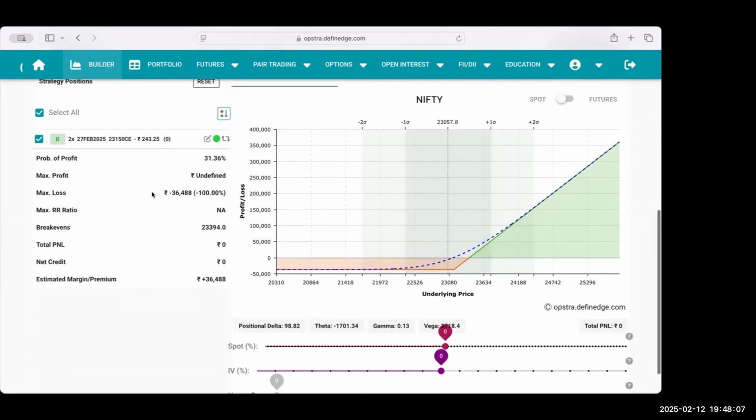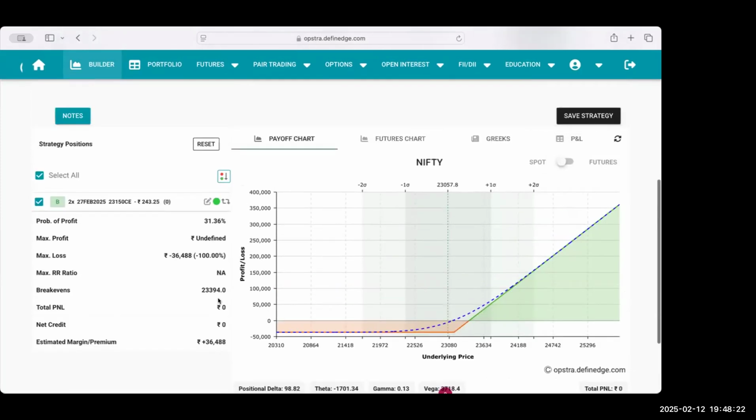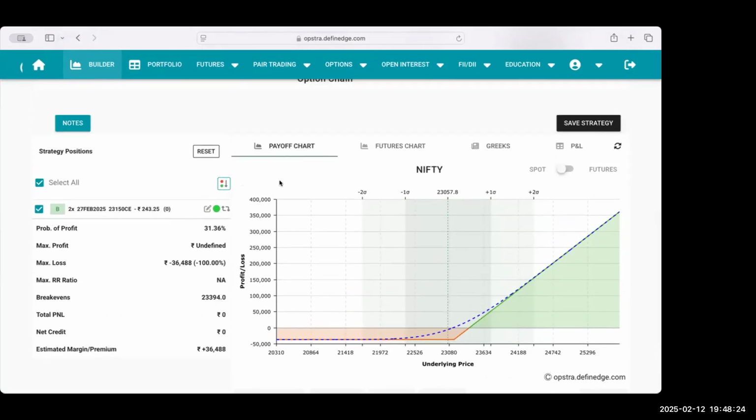Okay. So my maximum loss is 36,000 because I bought 2 lots. For break even I need 23,394 somewhere in between, and the estimated margin I need to invest is 36,488. So you can do dummy trading here. You will understand that if CE goes up, you will make profit.